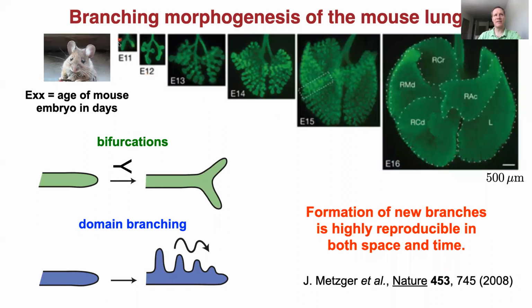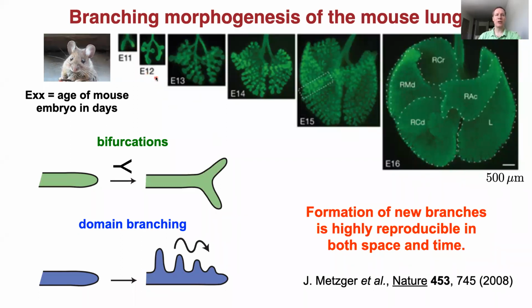You see that you start with a very simple wishbone structure, but over time you start developing new branches via either bifurcations, where the existing branch splits into two daughter branches, or domain branching, where an existing branch forms side branches, and so on. This formation of new branches is very reproducible in both space and time.